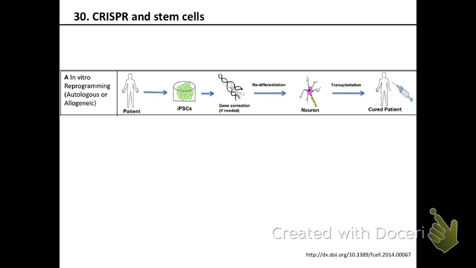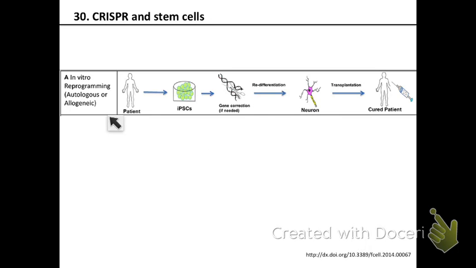But what the most excitement comes from is the combination of this technology with stem cell technology, okay? And I'm going to probably talk about that in the very last lecture of the semester because it's just exciting. But the idea is this.